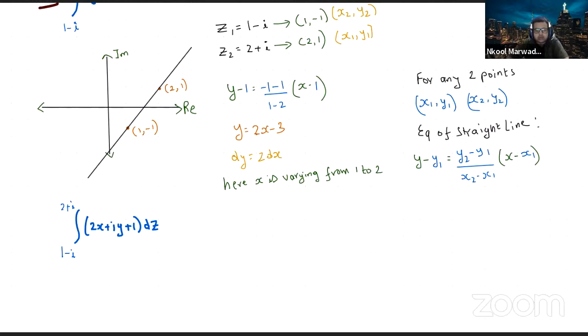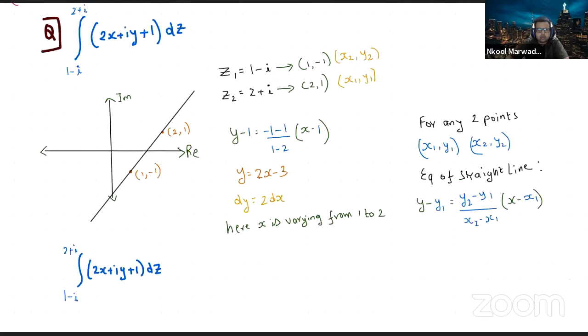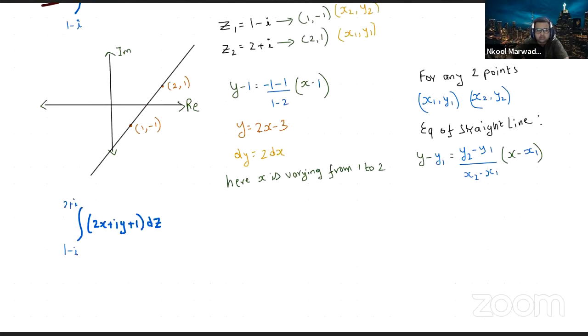One very important analysis we have to do. We know the general form of any complex z is, let us suppose, x plus iy, then dz will be dx plus i dy.